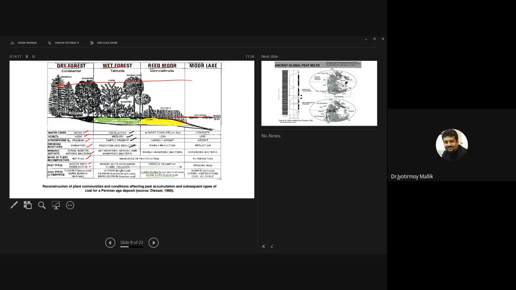If we go more distant, then moor lake, which is quite into the lake. Okay, water cover is complete, acidity is low, atmospheric oxygen is absent, chemical reactions only reduction, organic activity only anaerobic bacteria. Peat type is organic mud.